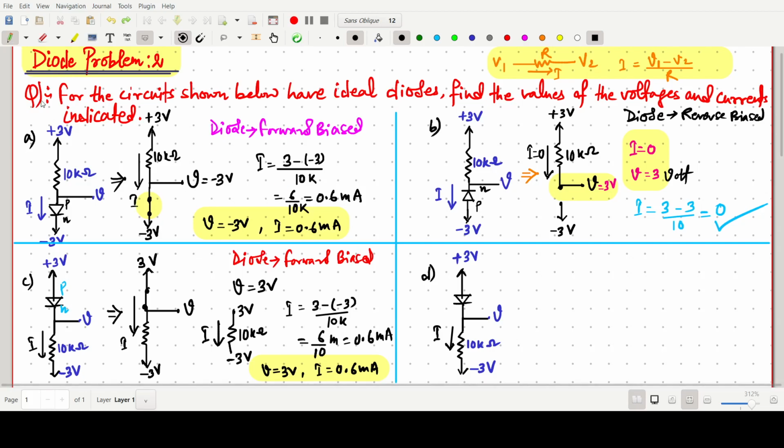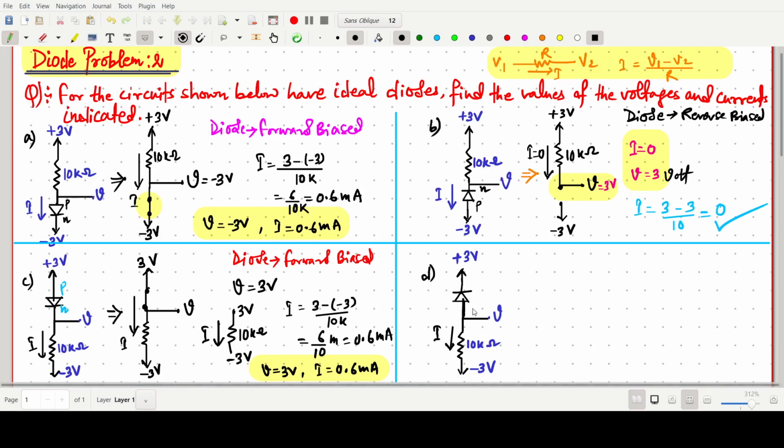This is very similar to that one. So now we have to reverse the polarity of the diode. I have copied this one, so it is the same. Now this one is the correct question.